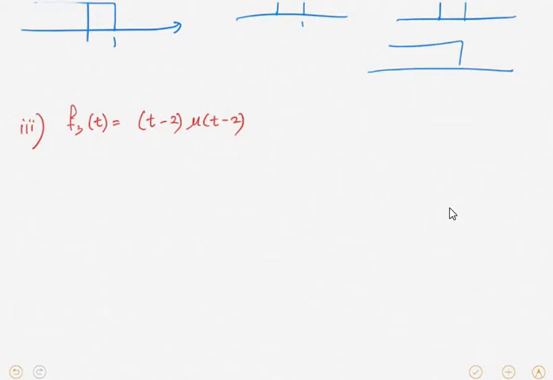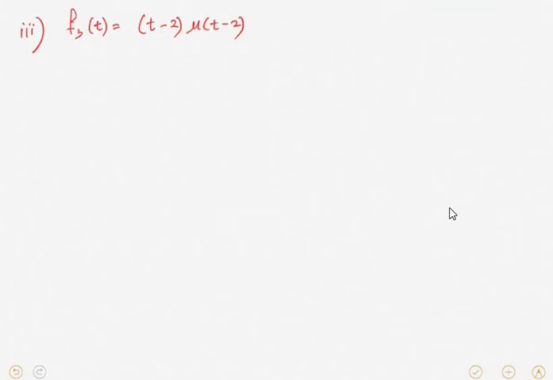So (t-2) multiplied with u(t-2) means that you shift everything to the right by 2 units.